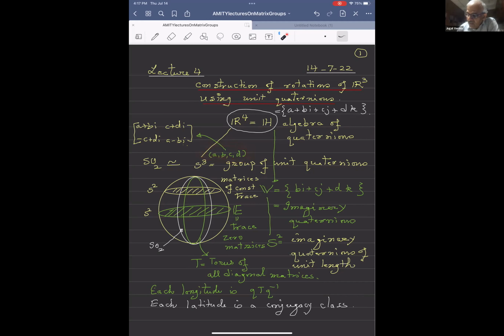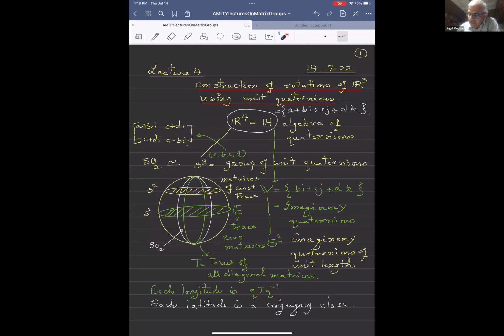That is the equation of a sphere in 4-dimensional space, and that is a 3-dimensional sphere. So points inside this 4-dimensional space which correspond to quaternions of unit length form this 3-dimensional sphere.